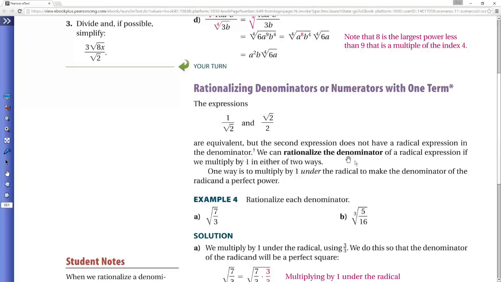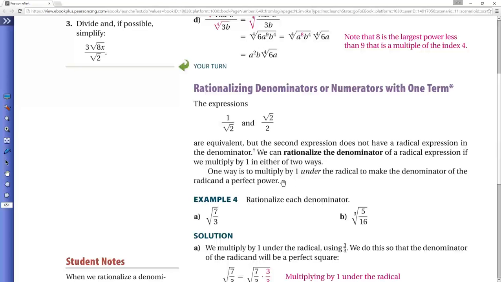We can rationalize the denominator of a radical expression if we multiply by 1, that magic number 1 for multiplication, which is the identity. And the nice thing always about fractions is that we can find an infinity of ways to multiply by 1.